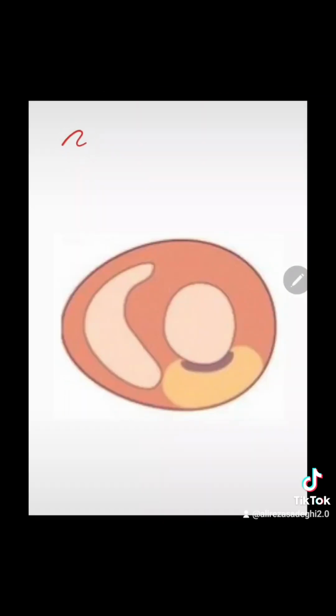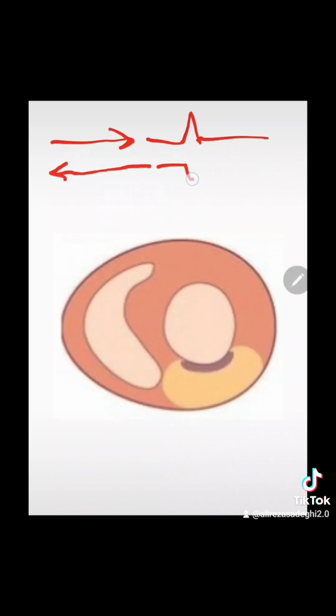Once again, a quick reminder. Anytime a signal travels towards a positive lead, you will get a positive deflection on your ECG paper. And anytime it travels away from a positive lead, you get a negative deflection on your ECG paper, right? So let's say you have a positive lead that's looking at this region of your ventricular wall, and you have an area of subendocardial ischemia. Let's say the ischemia is in this region right there.